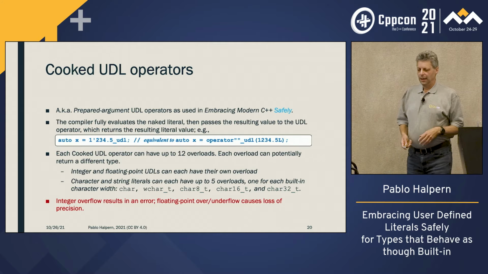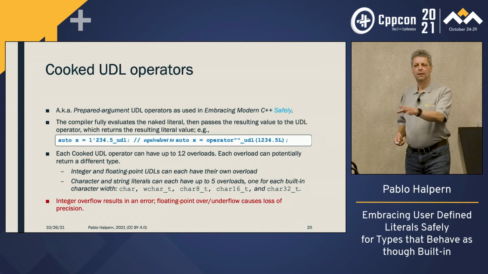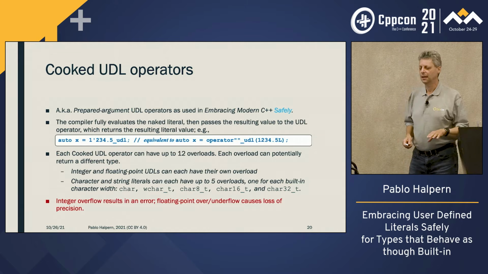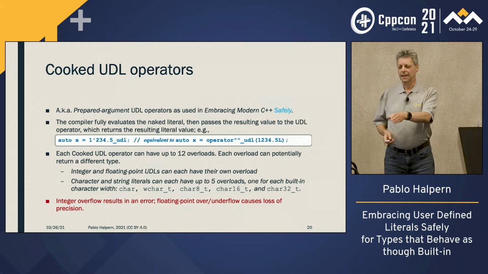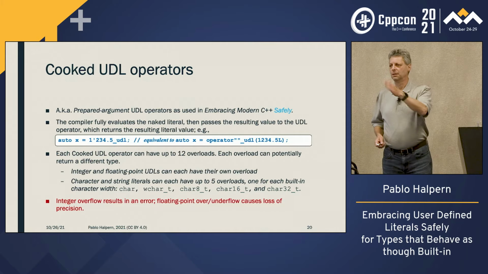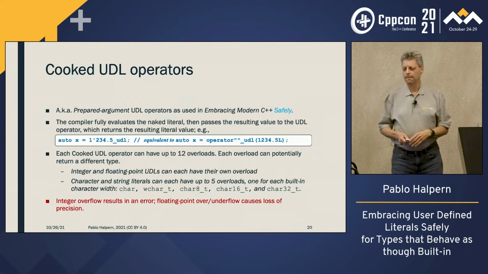So in this example here, we have the literal. Is everybody here familiar with the tick digit separator for C++ that was introduced in C++14? I'll be using it throughout the talk. So this is just exactly the same as 1234.5 without the tick. The tick is just there to separate groups of digits to make it more readable.